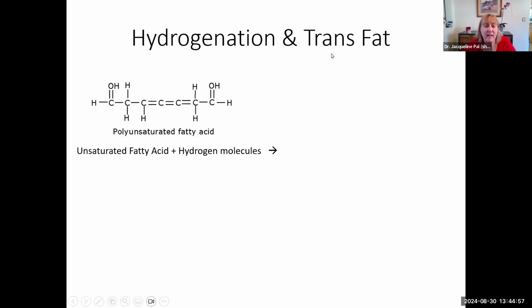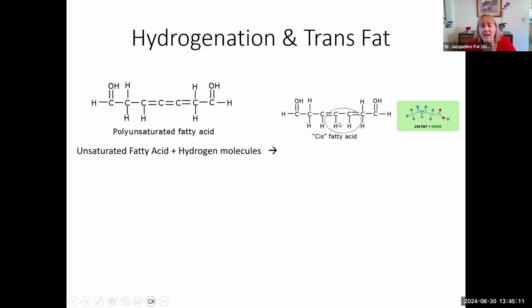So what do trans fats have to do with it? Well, basically if you take an unsaturated fatty acid and you hydrogenate it, you add hydrogen molecules to this. In nature, hydrogen is only added to one side and you get what we call a cis fatty acid. This is how it occurs in nature. So in other words, trans fats do not occur in nature.